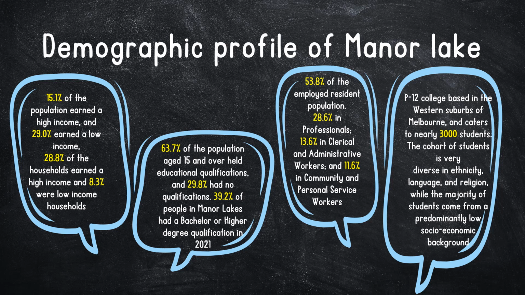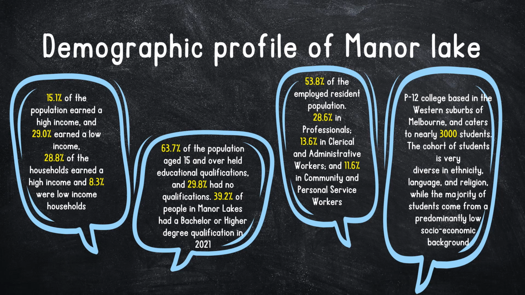Another important thing, in the second box, and I definitely put emphasis on this, is that nearly 40% of the population is aged 15 or below, and 30% have no qualification, while nearly 40% of people in Manor Lake have a bachelor or higher degree qualification. This statistic is from 2021.